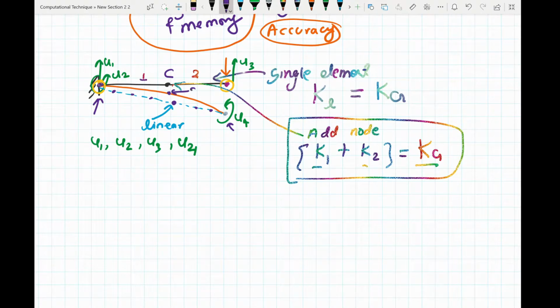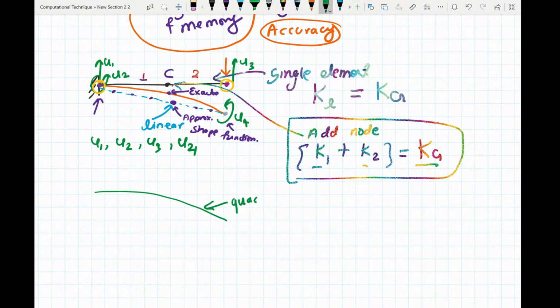So this will be your exact solution, while this one will be your approximate solution given by your shape function. Or if we assume a shape function to be like this, let's say this is a quadratic curve, then this solution may provide a closer solution to the exact one.